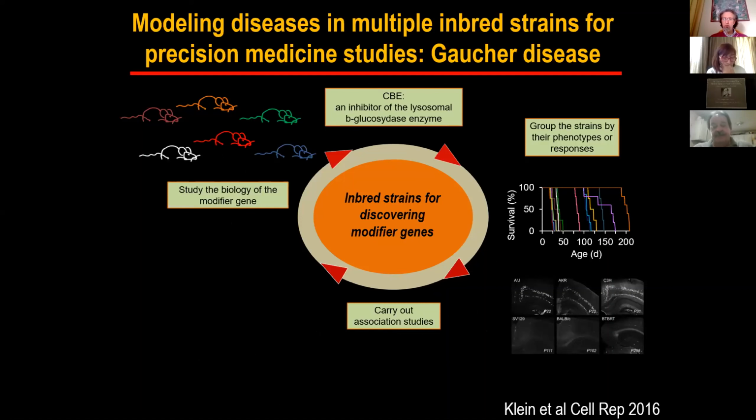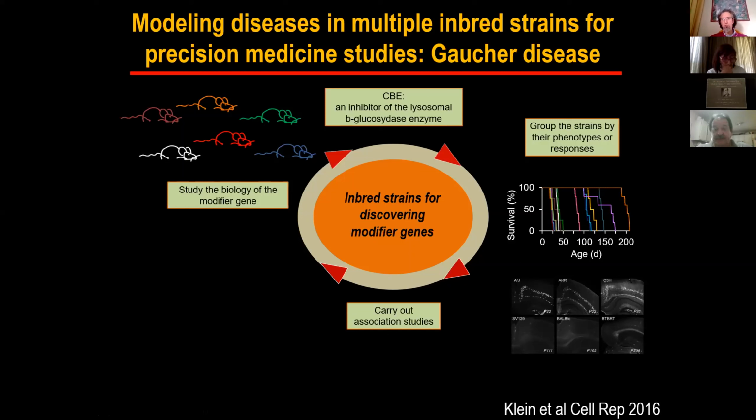A group of strains presented with very short lifespans, these ones here. And like humans, they presented with neurological signs. Other animals presented longer lifespans and their brains were healthy, again mimicking what happens in humans.